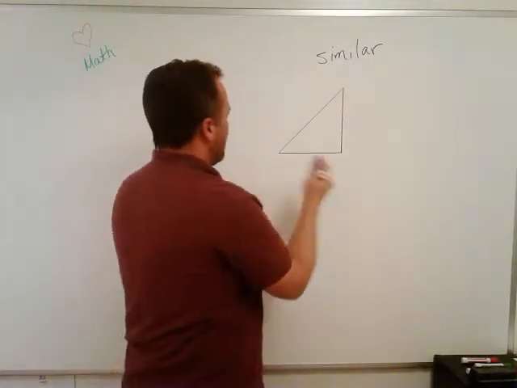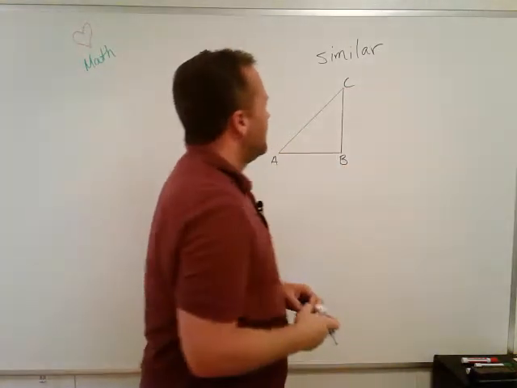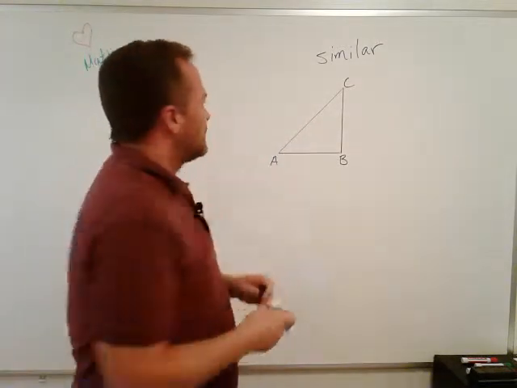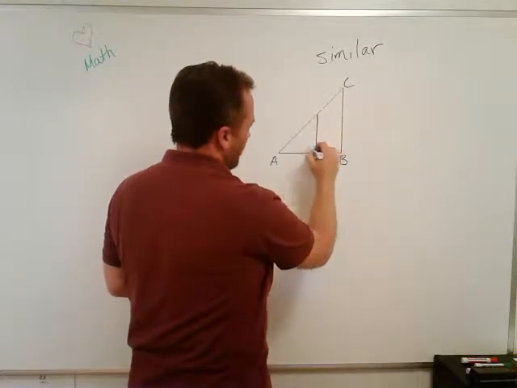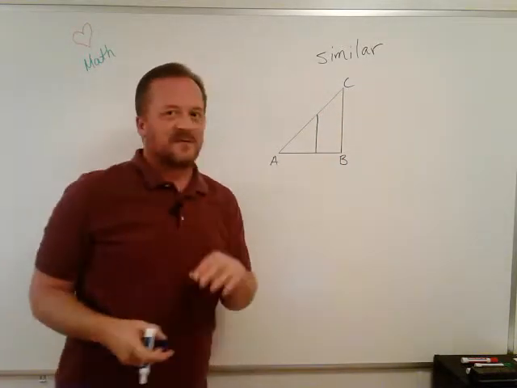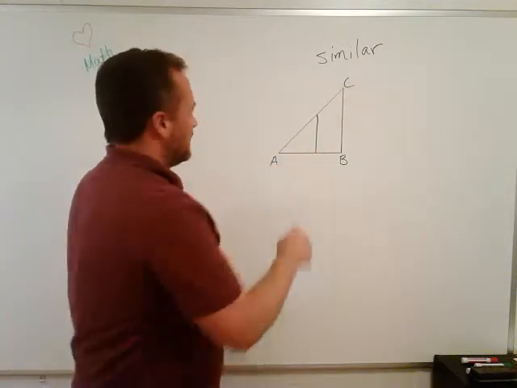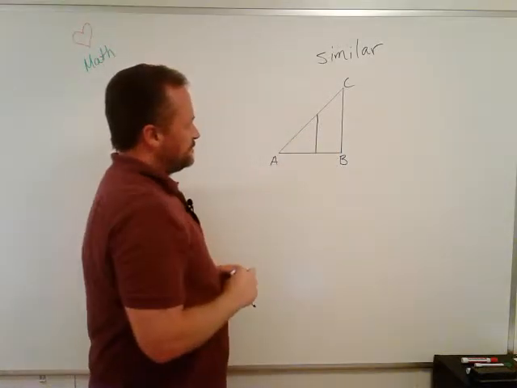I'm going to go ahead and name these A, B, C, but then I'm going to draw another triangle inside of it. And the way I'm going to do that is I'm simply going to draw that line down there. This is like one of those puzzles. How many triangles do you see? Hopefully you see that there's a big triangle on the outside and then a little triangle on the inside.